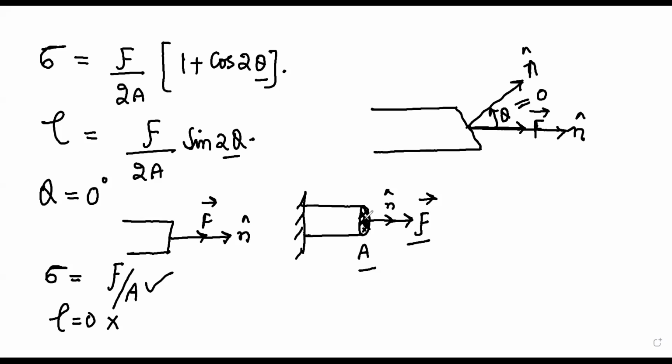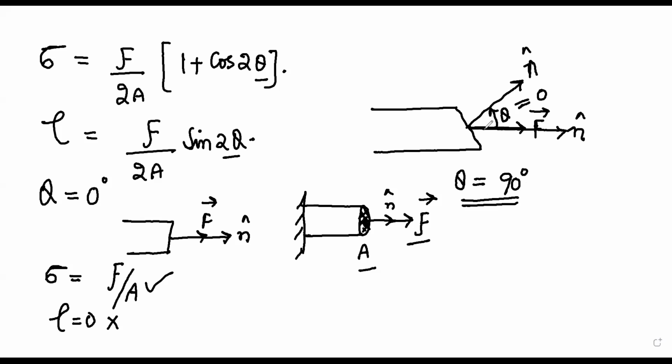The case 2 is when we have theta equal 90 degree. Okay, this is a very important case for us. When theta is 90 degree, it means the force vector and area vector are perpendicular to each other.